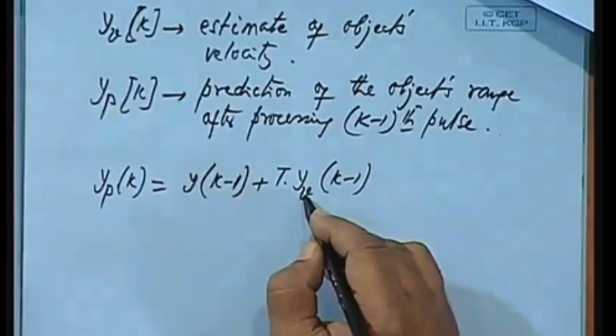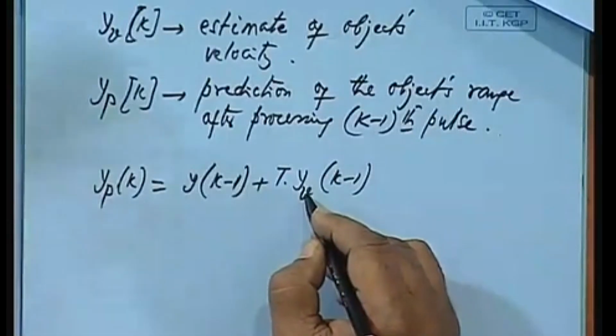Suppose this is the k minus 1th instant. At the k minus 1th instant, if I have estimated the value of the velocity of the object, and I multiply by the time interval, I will get the increase in the value, delta y. That added to the present estimate will give me the prediction.